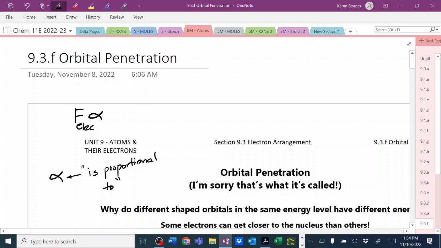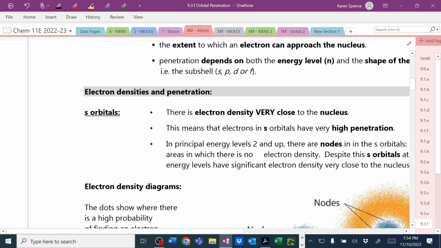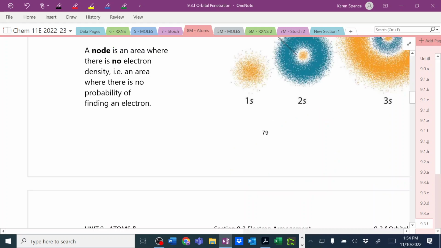Okay, so the electrostatic force is proportional to, and this is on page 79.